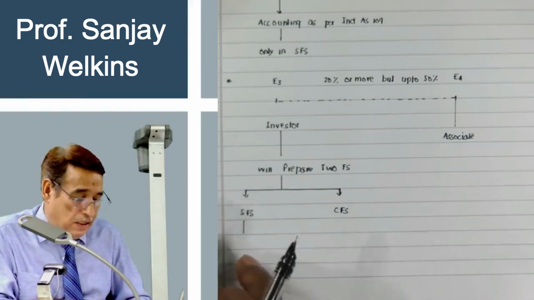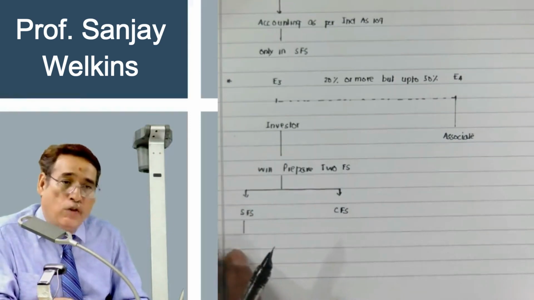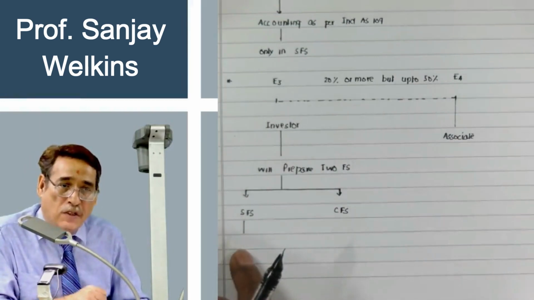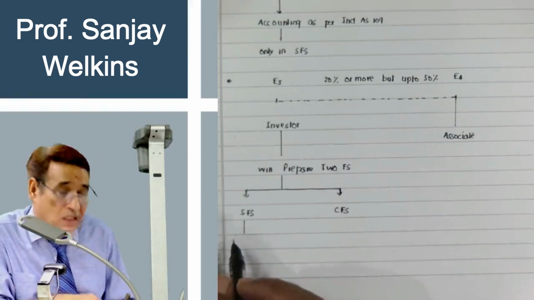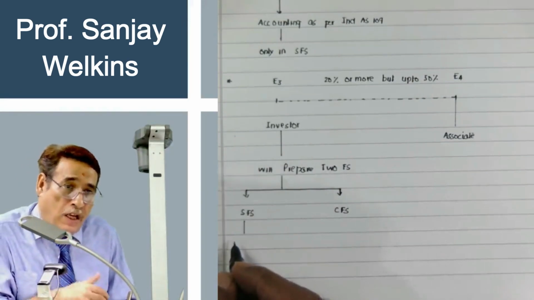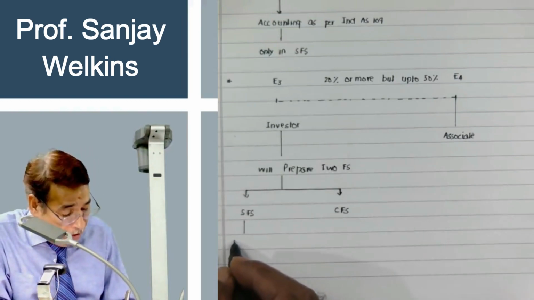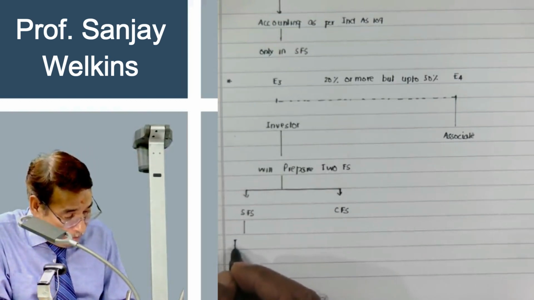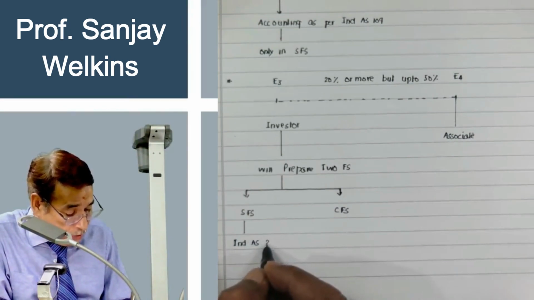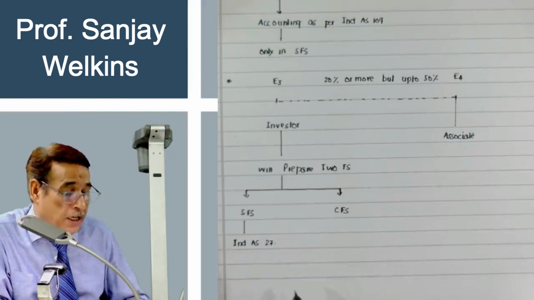What I'm trying to say is how the investor is going to present the investment made in the associate in its separate financial statement. In that case, in the separate financial statement, investor will have to account the investment as per Ind AS 27. That means Ind AS 27 will now come into play.